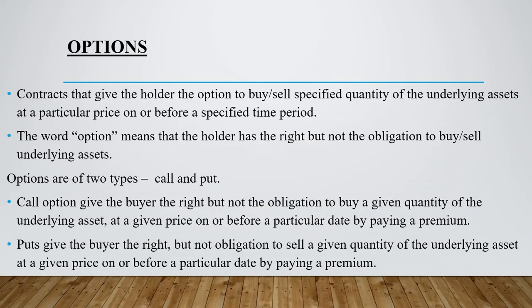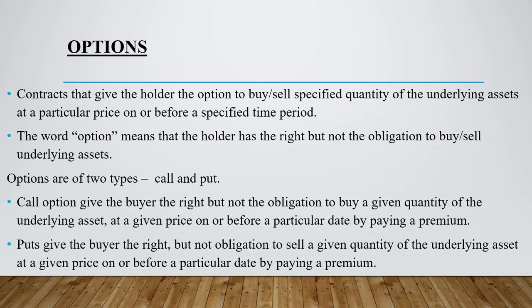Next is options. Options are contracts that give the holder the option to buy or sell a specified quantity of underlying assets at a particular price on or before a specified time period. Here the holder will have the right, but not the obligation, to buy or sell any underlying asset. यहाँ होल्डर के लिए ऑप्शन होता है, वो बाय भी कर सकते हैं या नहीं भी कर सकते, ऐसा कंपलसरी नहीं है.